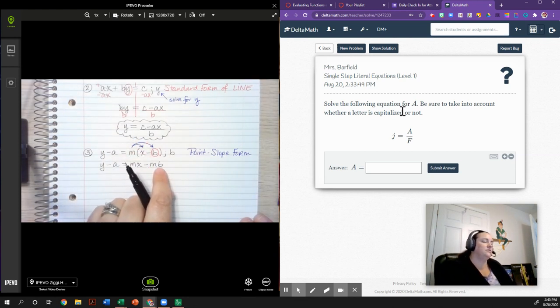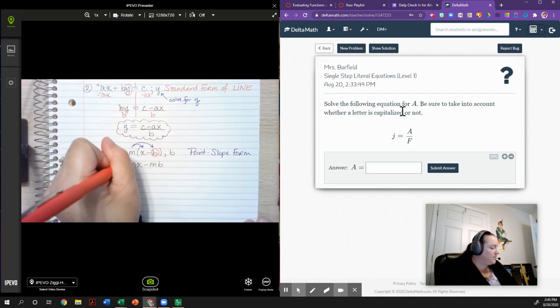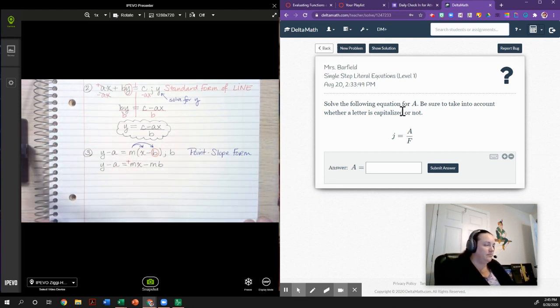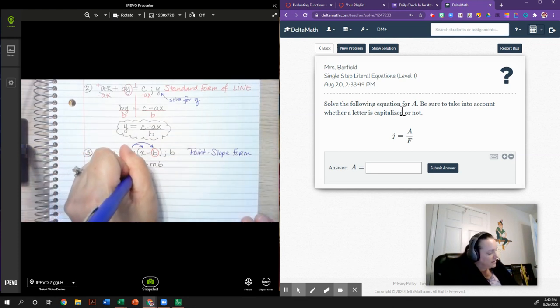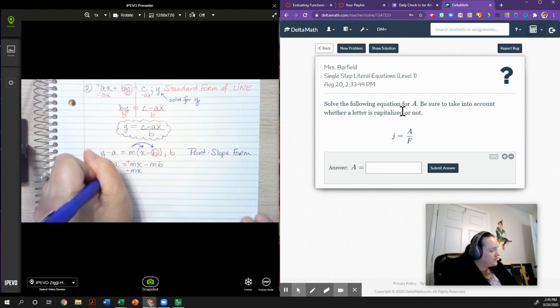All right, and so I want to get b by itself. Okay, so just like the last problem, this mx is positive. It's representing a positive number. I just don't know what number it is. So I'm going to take the opposite of this, which is subtract. So I'm going to subtract mx from both sides.